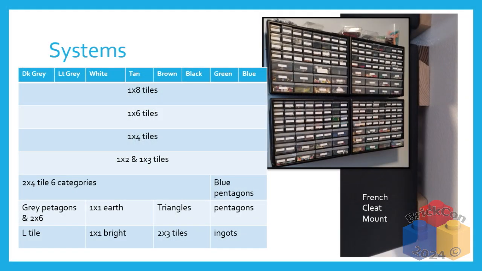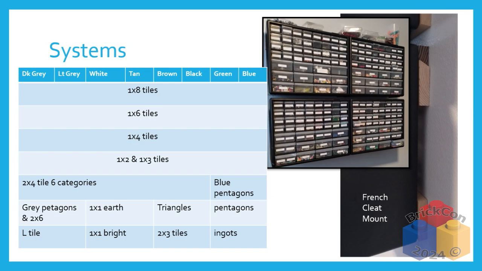A little bit about my system. This is a picture of some of my Akro-Mils on the wall and a grid of how it's laid out. I go with columns of color where everything in a column is the same color, and then rows being the parts.